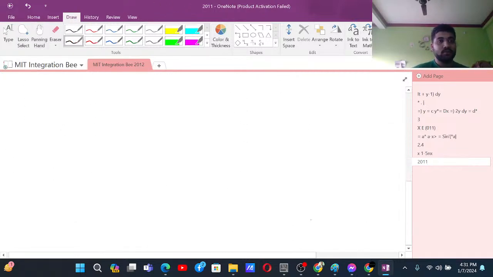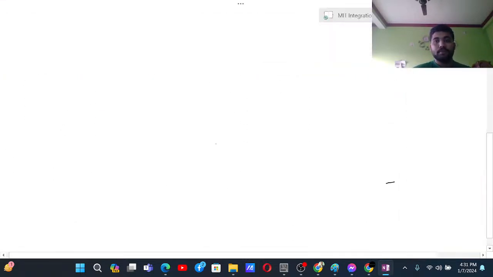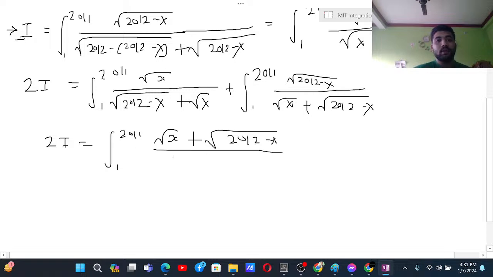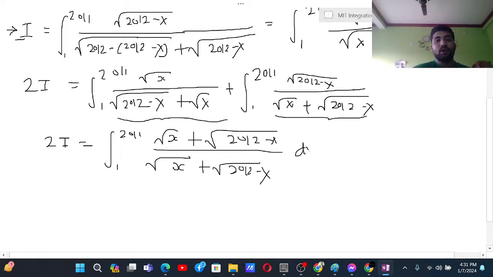Now 2I equals the integral from 1 to 2011 of root x plus root under 2012 minus x, by the same thing, root x plus root under 2012 minus x. You see, this simplifies a lot.